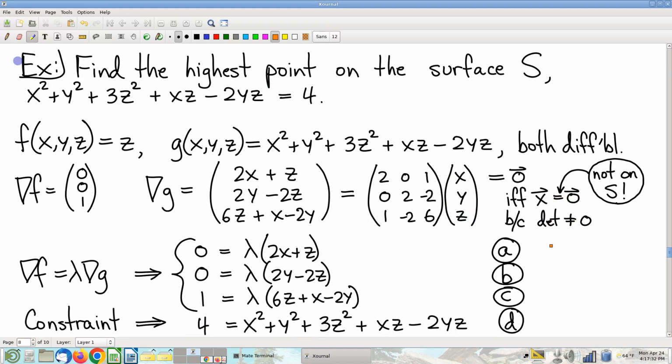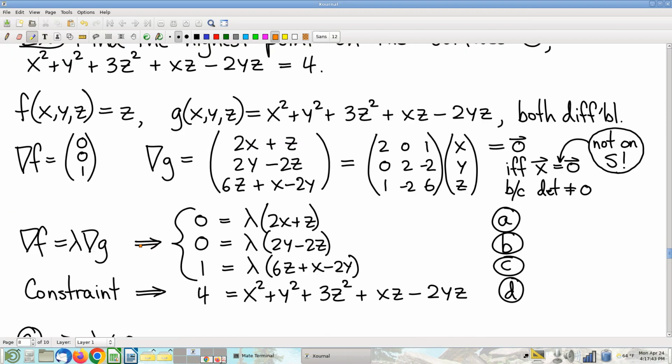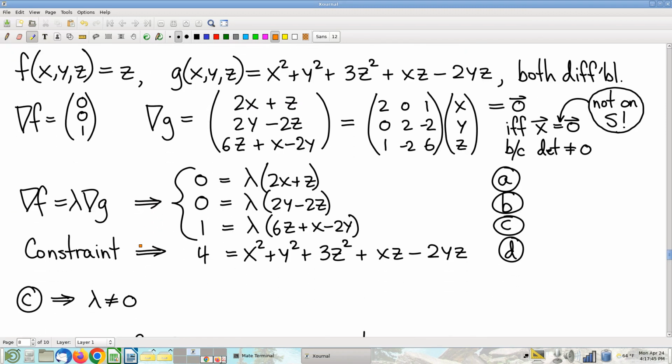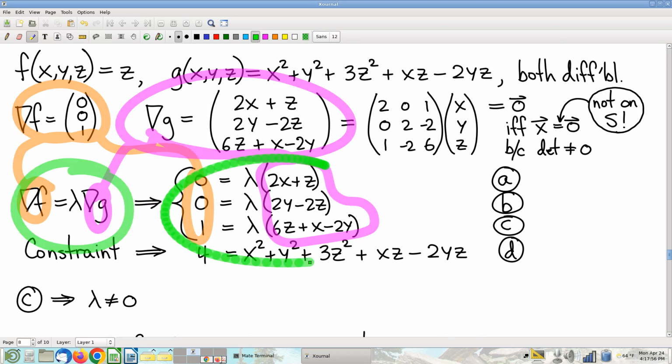Okay. Lastly, the Lagrange equation. So gradient of f, a multiple of the gradient of g. So here's where the algebra gets a little weird. The gradient of f, the gradient of g. Here's what it means for the one to be a multiple of the other.